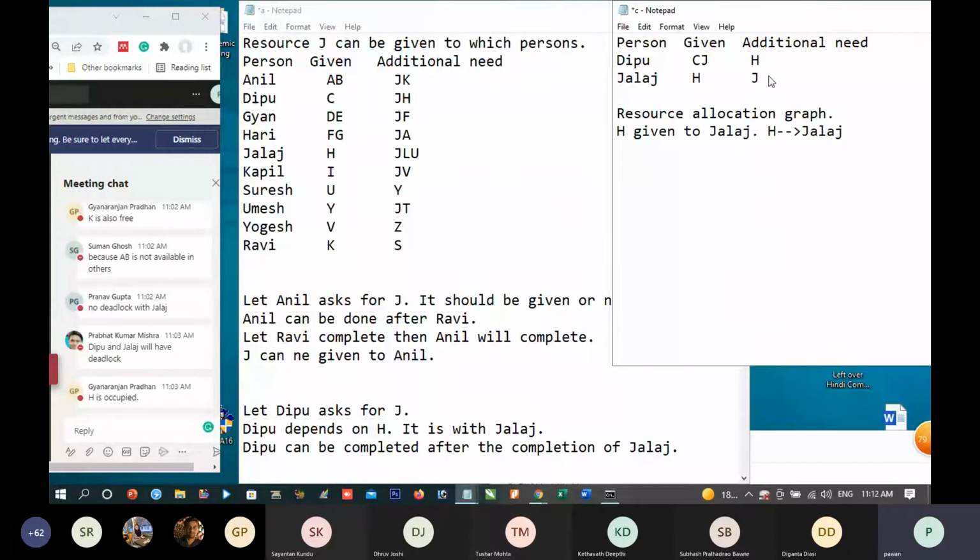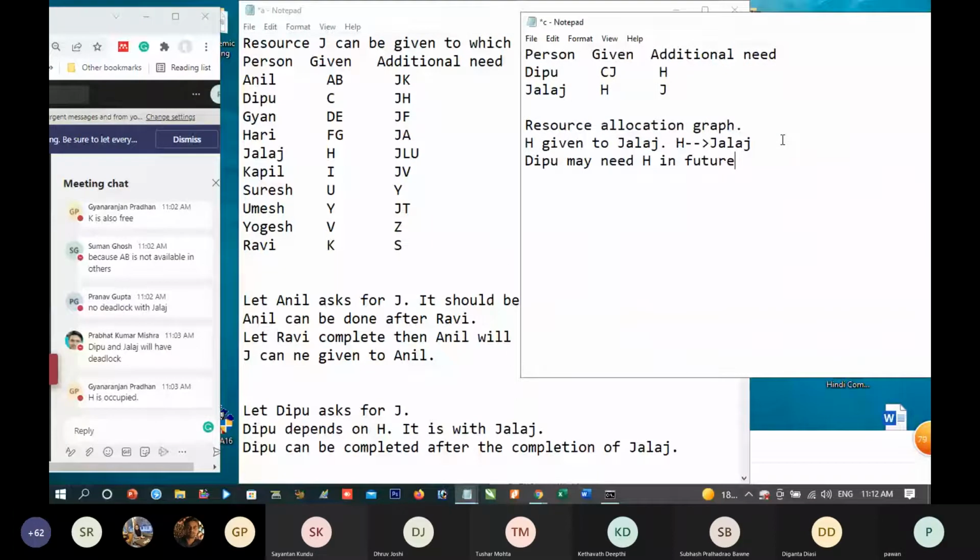Deepu may need H. It means from Deepu to H there is an edge. Is it correct?